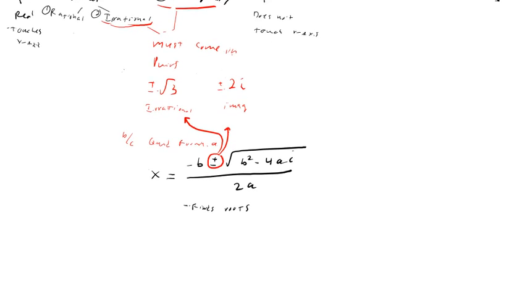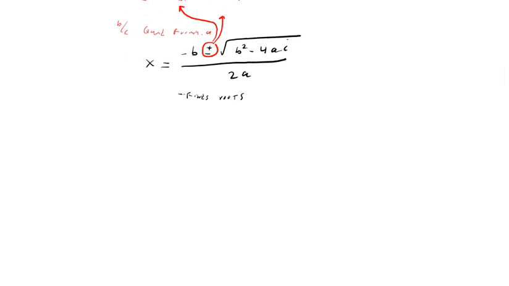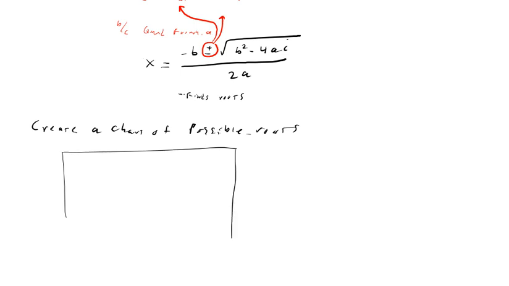And so what we can do, because we know all these rules, we can create a chart of possible roots. This is how we're going to use the fundamental theorem of algebra. So we're going to say our chart, we have the real side, and we have the imaginary side. And on the real side, we have rational and we have irrational.